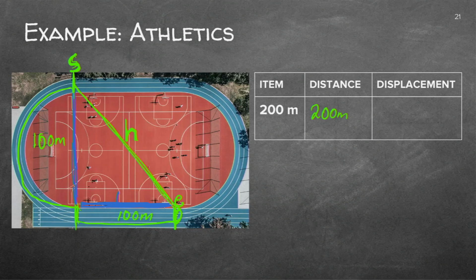Now, this one is easy. We know that's 100 meters. We are now going to calculate that side. If you carefully have a look at that, you'll find that that's a circle, and it's actually half a circle. And here I've got the radius. I know that half circle is 100 meters.